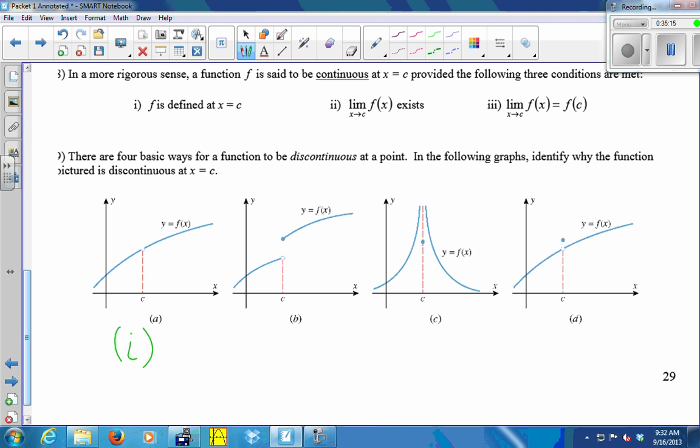Part 1 of the definition failed. f of c does not exist. How about part B? What part of the definition has failed here? The limit doesn't exist, right? Because as we approach c from the left and as we approach c from the right, they're approaching two different values. So the limit doesn't exist.